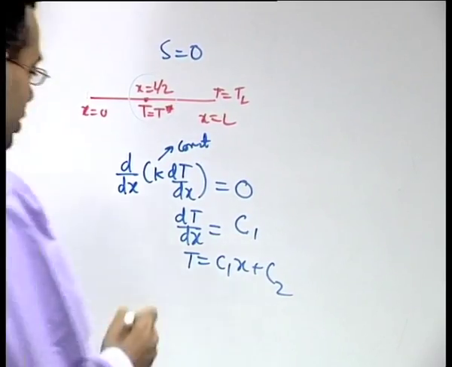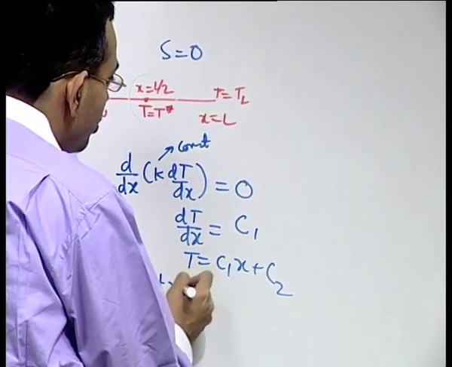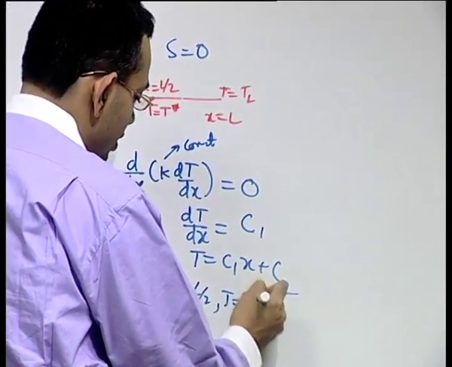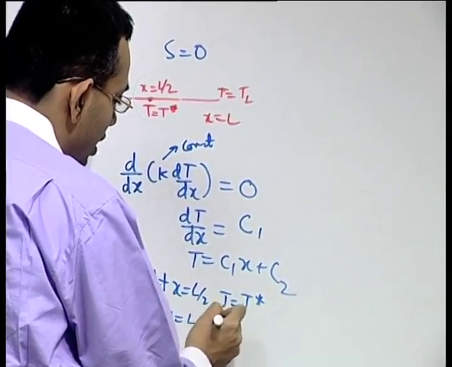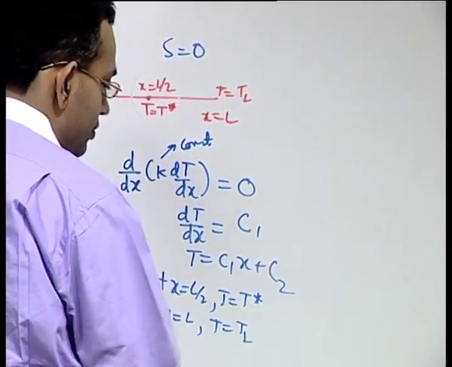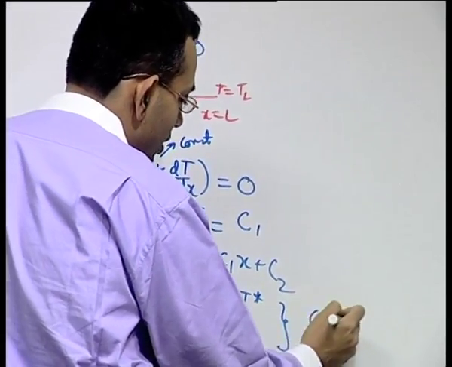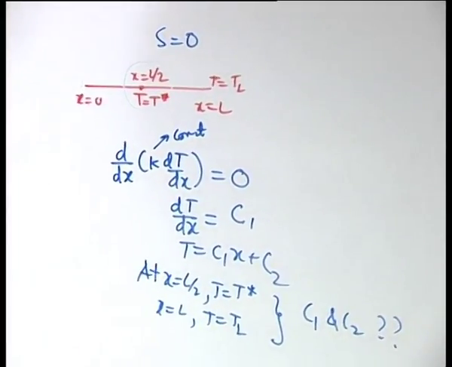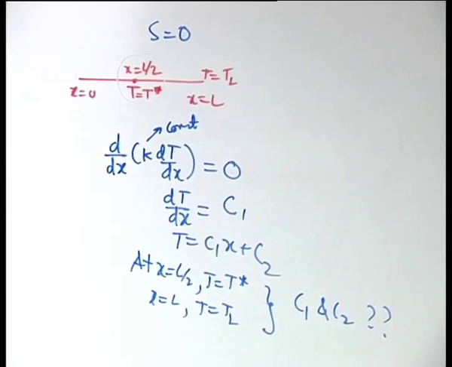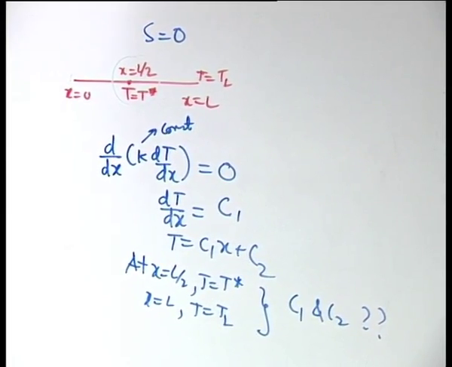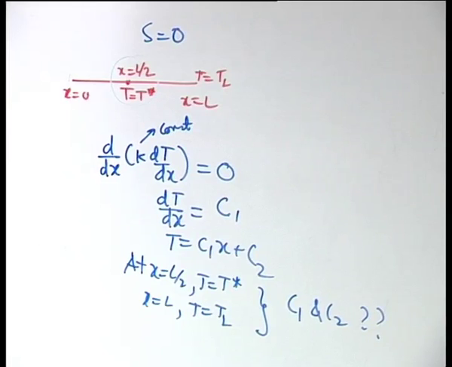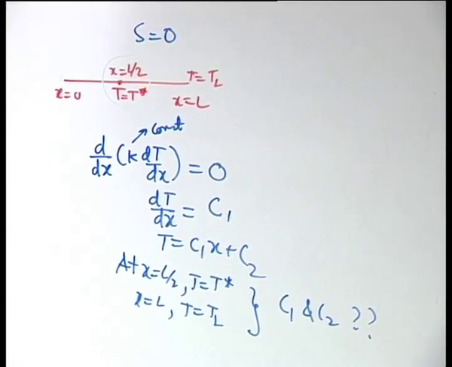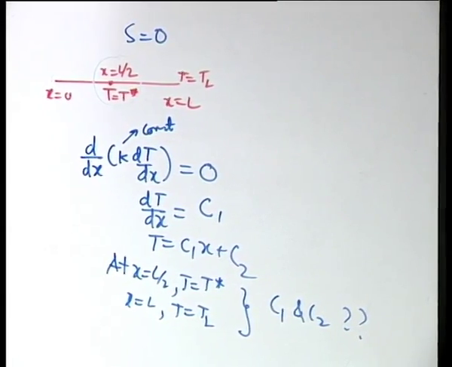If you use that at x equal to L by 2, T is equal to T star, and at x equal to L, T equal to TL, then from that you can find out C1 and C2, right. You will get 2 independent algebraic equations and 2 unknowns, and from that you will get it. There is absolutely no discrepancy, this is very simple.